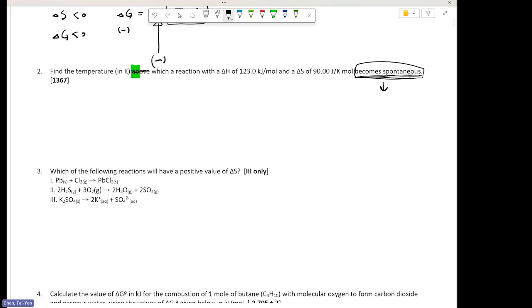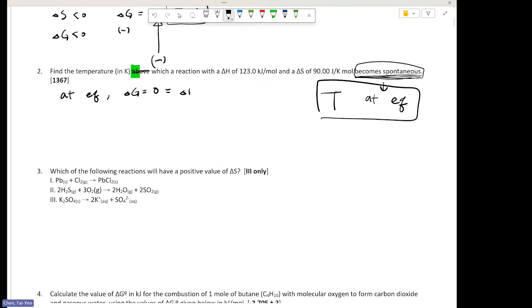Since delta G at equilibrium equals 0, and delta G is composed of delta H minus T delta S.